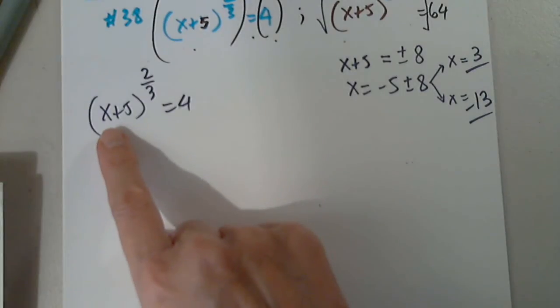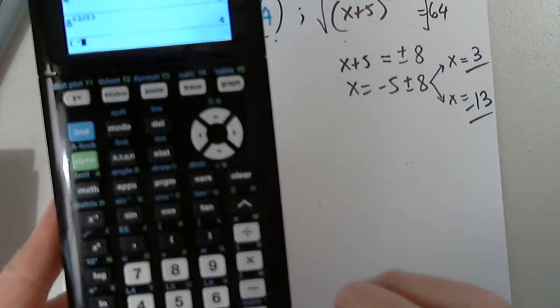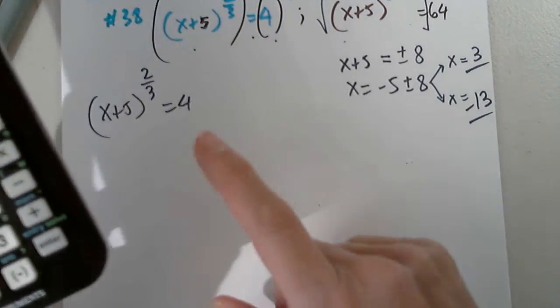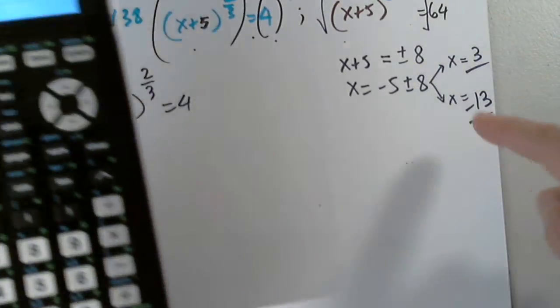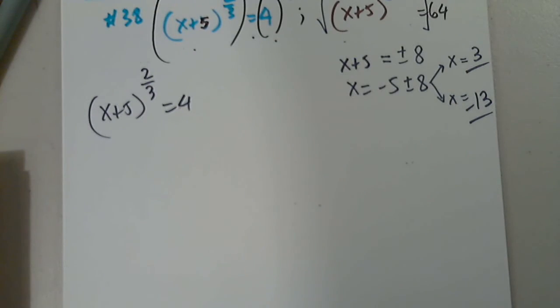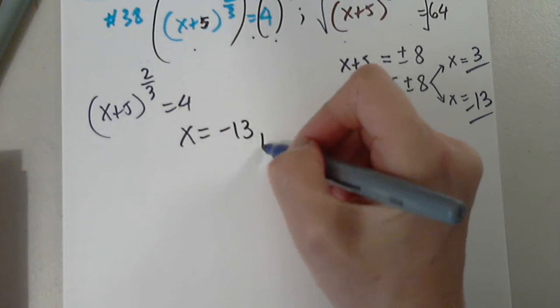With negative 13. Negative 13 plus 5 is negative 8. In parentheses, negative 8, close the parenthesis, caret, in parentheses, 2/3. Close the parenthesis. If I get 4, I accept both. I got 4, I accept both. So x equals negative 13 and 3.